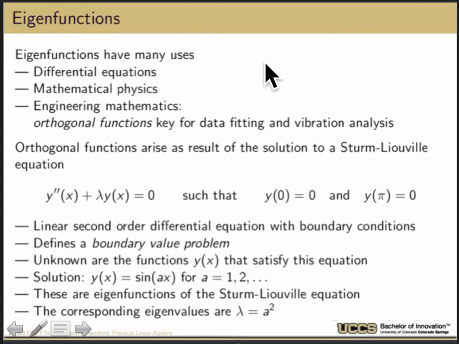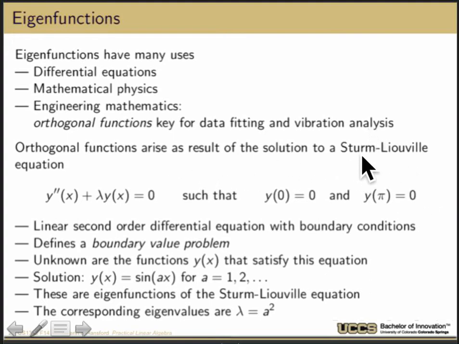It turns out that not just eigenvalues and vectors, but really eigenfunctions are what we use to analyze those things. They're used very often in differential equations as ways of structuring the rate of growth of mechanical systems or processes, biological processes. They're also commonly used in mathematical physics and engineering mechanics and mathematics. They lead to this idea of orthogonal functions for data fitting and vibrational analysis. And these vibrational analyses are what one would use in those kinds of bridge questions.